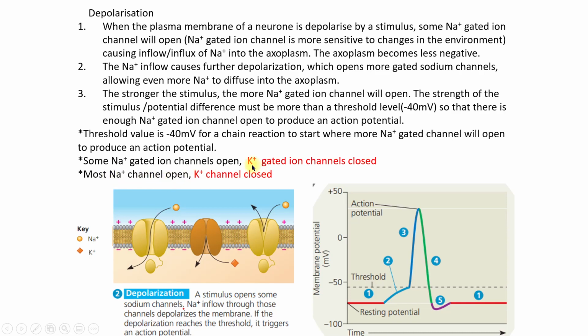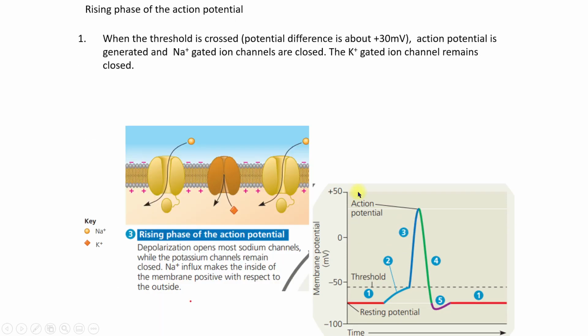But the potassium ion gated ion channels and the potassium channels both remain closed here in depolarization. Now let's take a look at the third stage, known as the rising phase of the action potential. So what happens here?